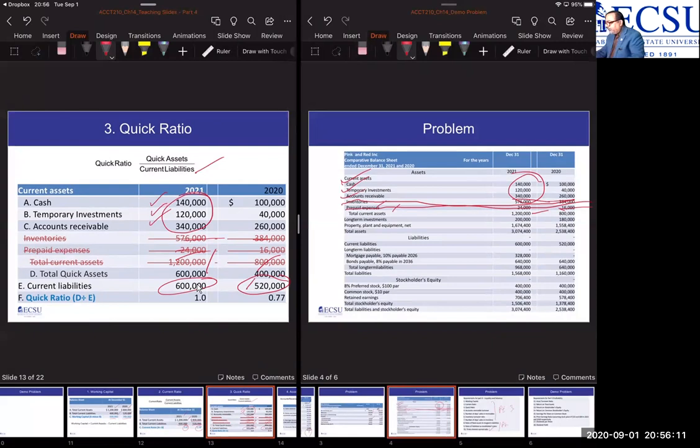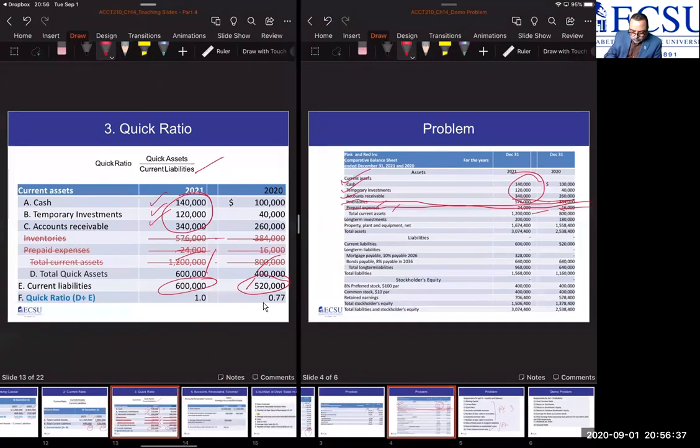So that gives you a ratio of 1 and 0.775. So that is how we'll be calculating the quick ratio. That is another way of looking at the liquidity situation. Okay, so now let's move on to the next one.